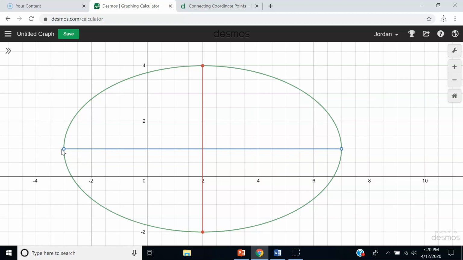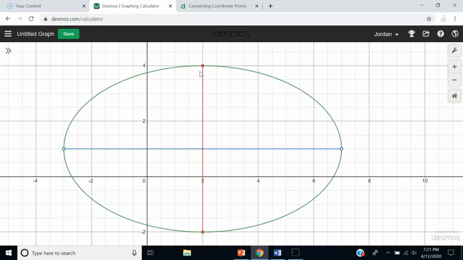Now the length of that, because we had 5 squared under the x part, the length from the center to the outside is 5 units, and from the center to the other side is 5 units. So we say the length of the major axis is 10 units, right? That was twice the value of our a.